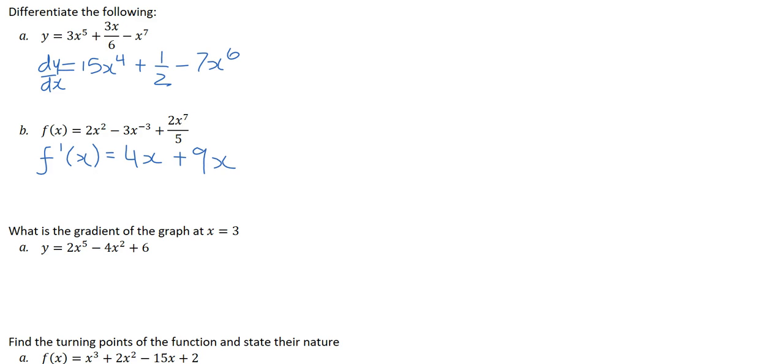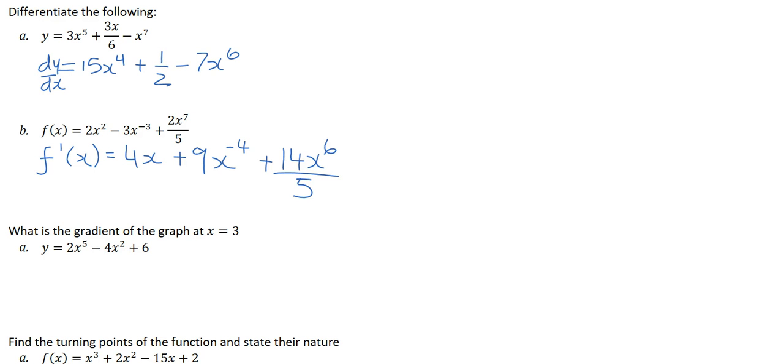Negative 3 times negative 3, positive 9. x to the power of negative 4. Everyone understand why it's negative 4? Because you take one off the power, yeah? Okay, so the next one will become 14x to the power of 6 all over 5. Happy with that one? So a little recap.